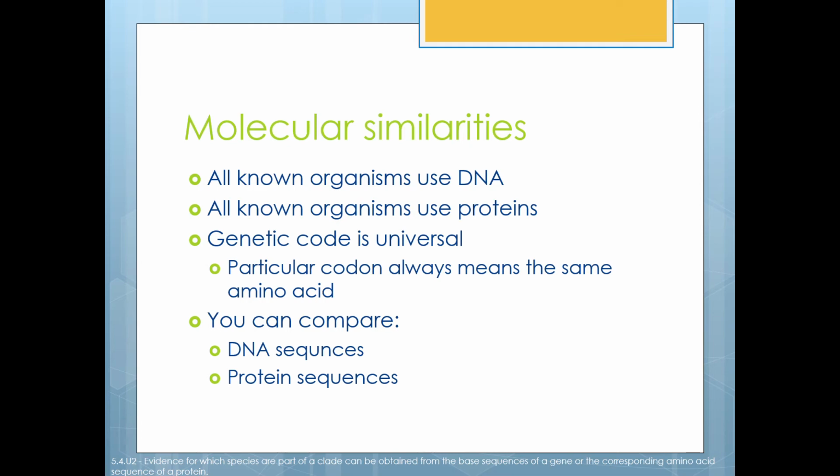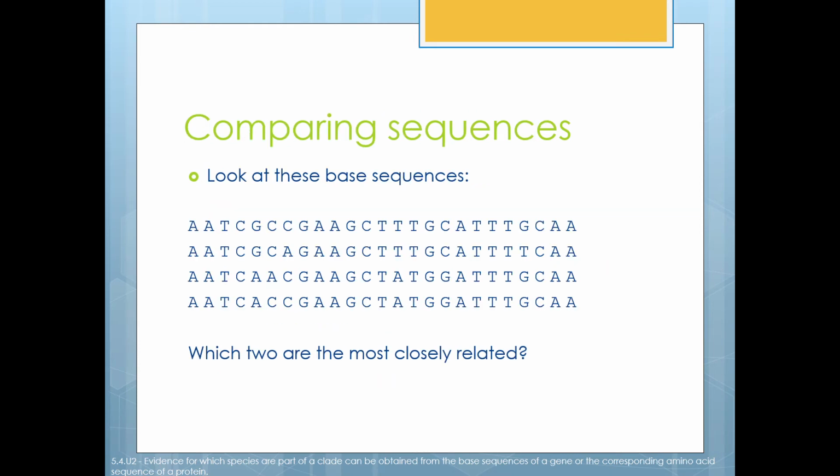It allows a valid comparison between all organisms because all of them contain DNA, all of them contain proteins, and all of them are encoded in the same way. So you can compare DNA or proteins and see how many differences there are. Actually, it is based on that.